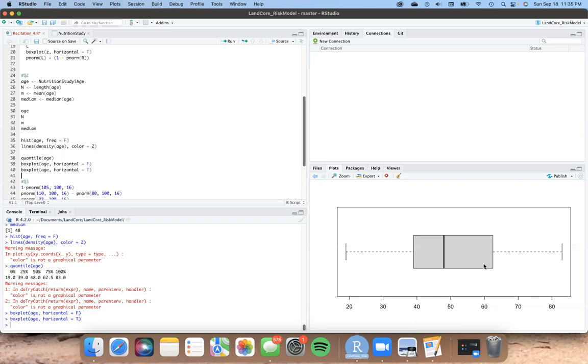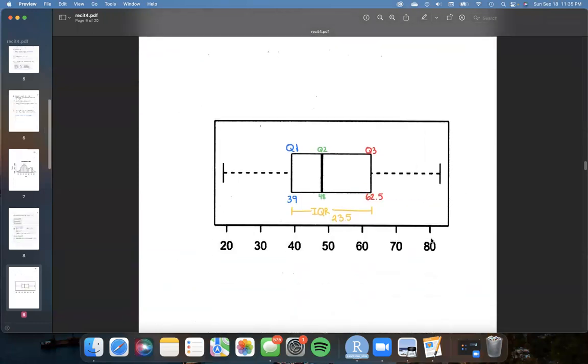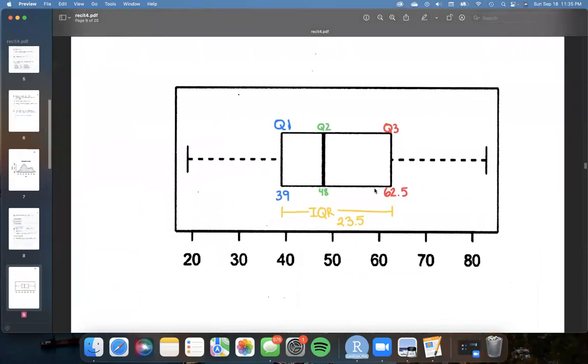All right, so this is what our box plot looks like, and I'm going to transition to this screen because I labeled them. So here we have our quartile 1 is our blue, quartile 2 is green, or the median equals quartile 2, so our median is green, and then quartile 3 is red.